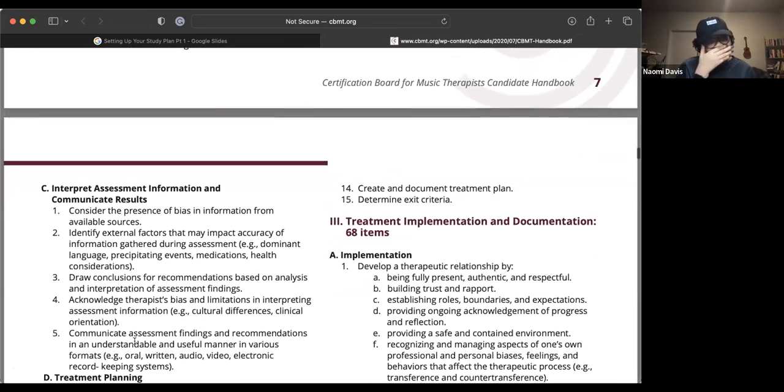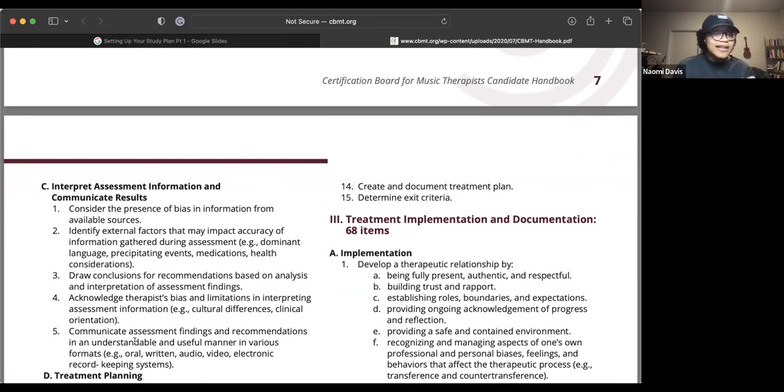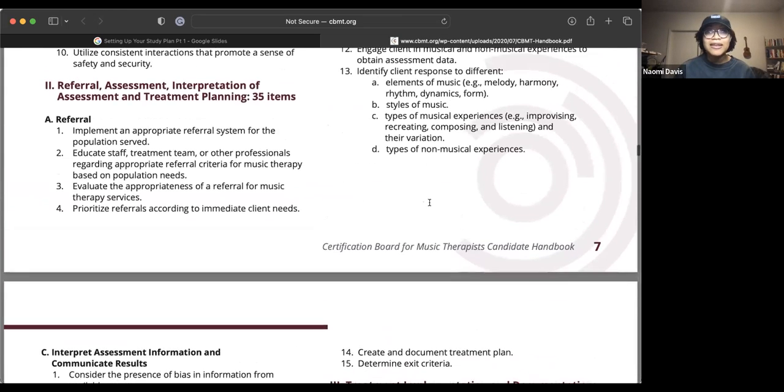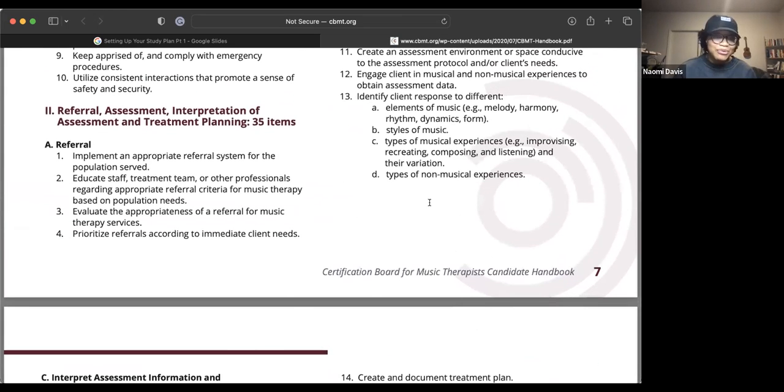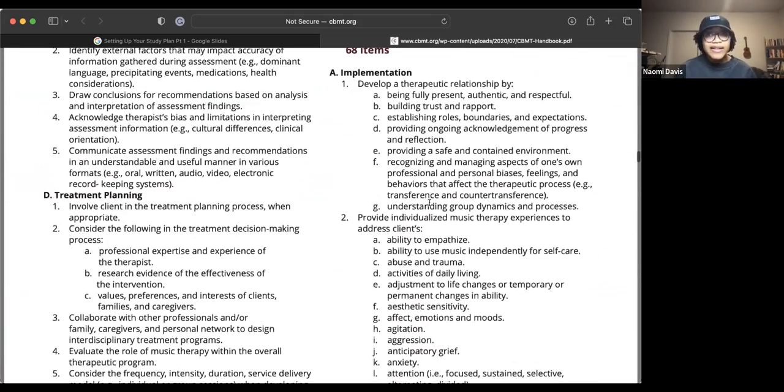For the most part, these are probably things you've been exposed to in school or in your internship. A lot of it is knowledge you already have, but it may be framed in a way that you are unfamiliar with. So that's something to keep in mind.